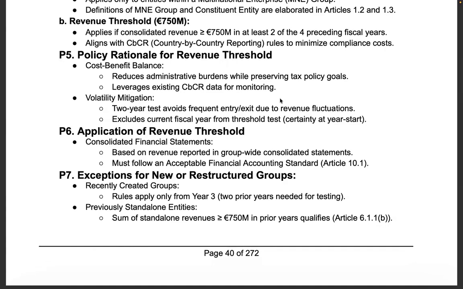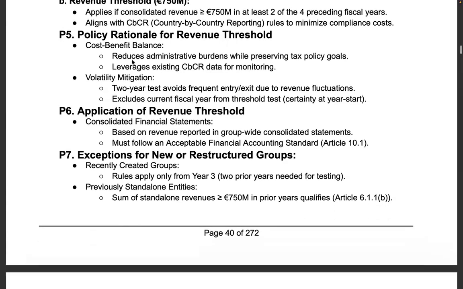Paragraph 5 talks about policy rationale for revenue threshold. So why this revenue threshold? Cost benefit balance: reduces administrative burdens while preserving tax policy goals. Because we're talking about essentially quite large groups, leveraging existing CbCR data for monitoring.